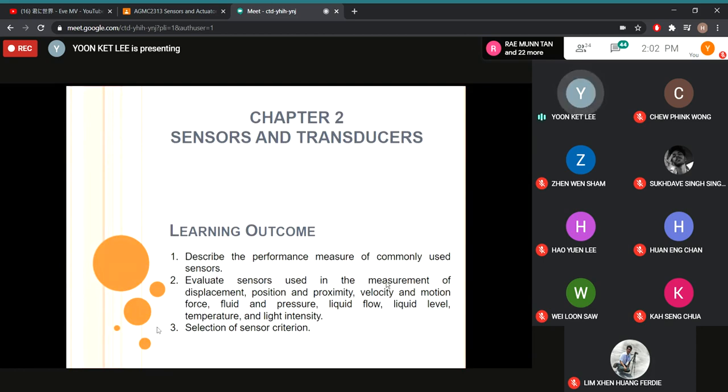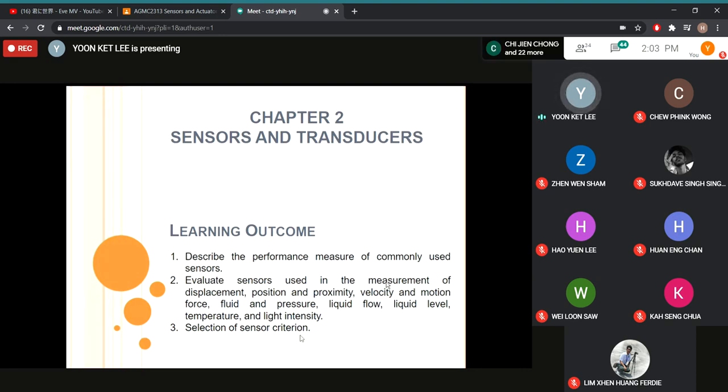There is a selection of sensor criteria. That means when you want to use a sensor, you need to justify why you use this sensor in these circumstances and that sensor in those circumstances. How good an automation system is depends on the engineers or inventors, and how they use the sensor to detect the environment sensitively.